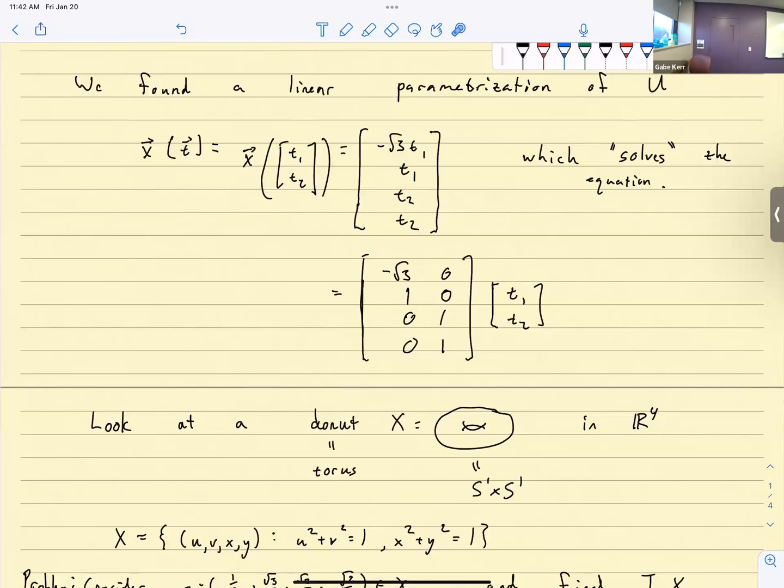So let me just divide up 4-dimensional space into two 2-dimensional spaces, write an equation for the circle in one of them, and write an equation for the circle in the other. I have 2 constraints, and the solutions to these 2 constraints give me, in fact, a donut, a very symmetric donut. It's also called a torus. It's also called an elliptic curve.